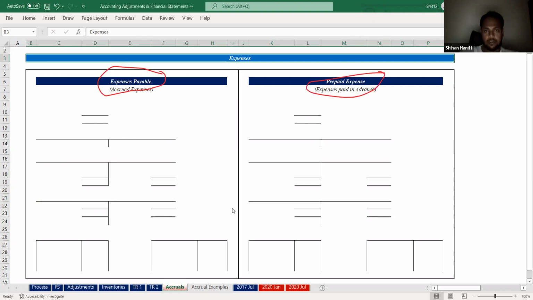There is a question: is expense payable a liability, or what? Using the example, I will explain that, and then you will understand.